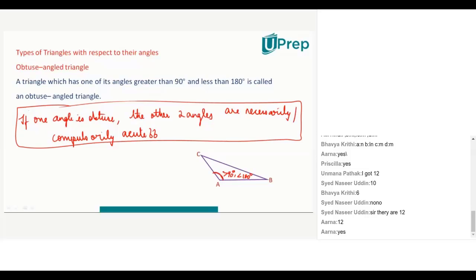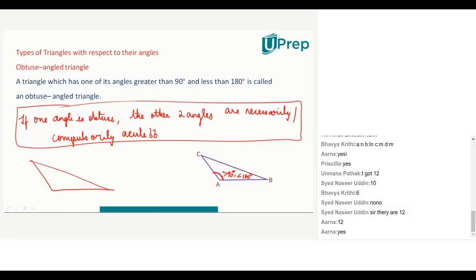Arna, go ahead. As a triangle is 180 degrees, one angle we can take as 90 degrees. So the rest two angles might be 60 or 30 or 40 or 50. They can't go above 90.